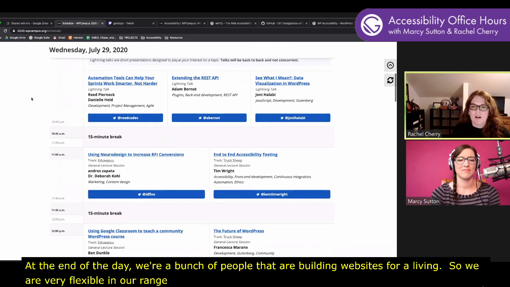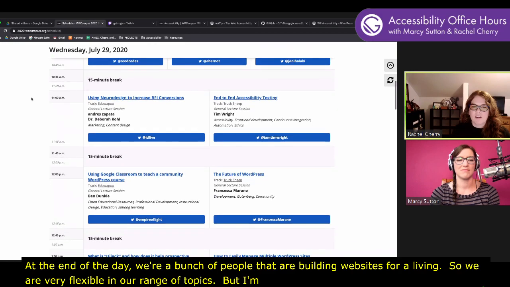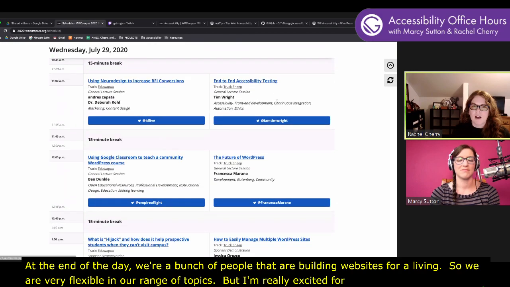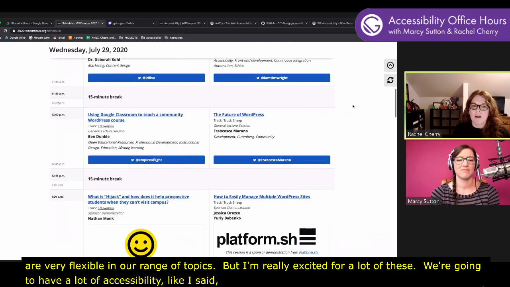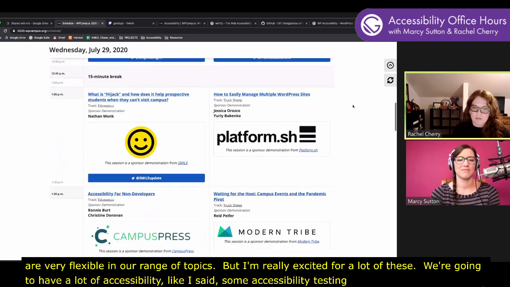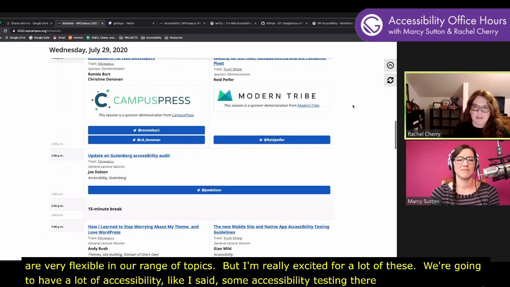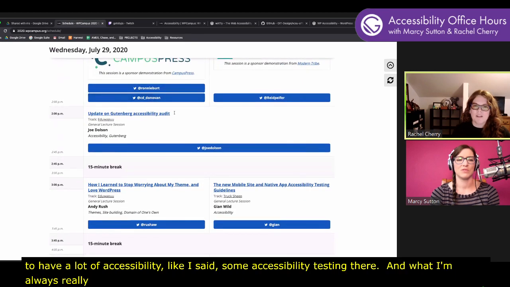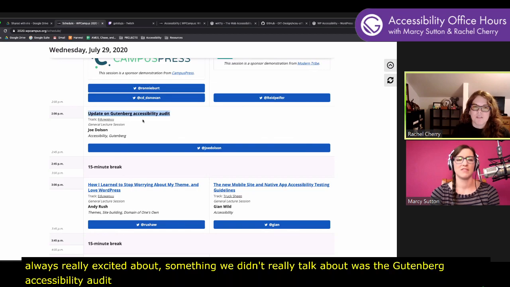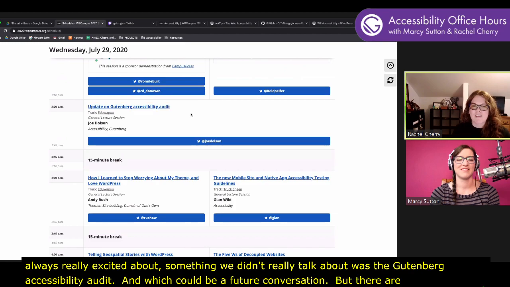But I'm really excited for a lot of these. We're going to have a lot of accessibility, like I said, some accessibility testing there with Tim. And what I'm also really excited about, something we didn't really talk about, was the Gutenberg accessibility audit, which could be a future conversation. But there are lots of talks about that online if you're interested.